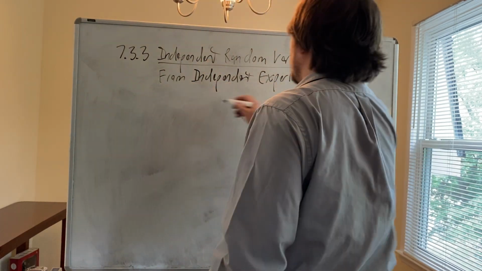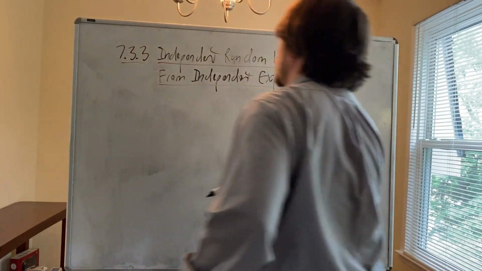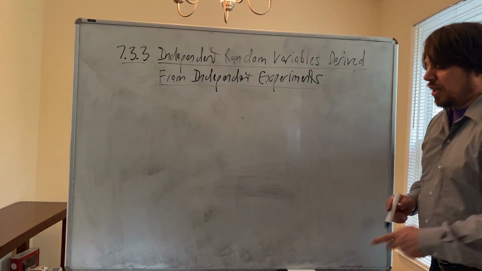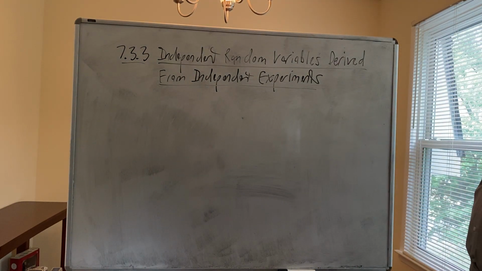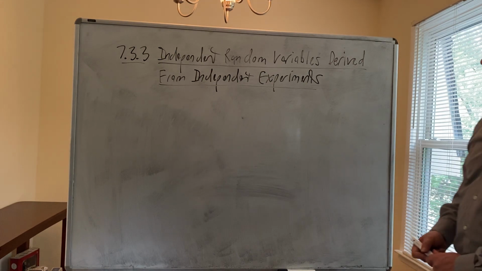Okay, so independent random variables derived from independent experiments. Okay, so we're going to have independent experiments, and from them we're going to get independent random variables.